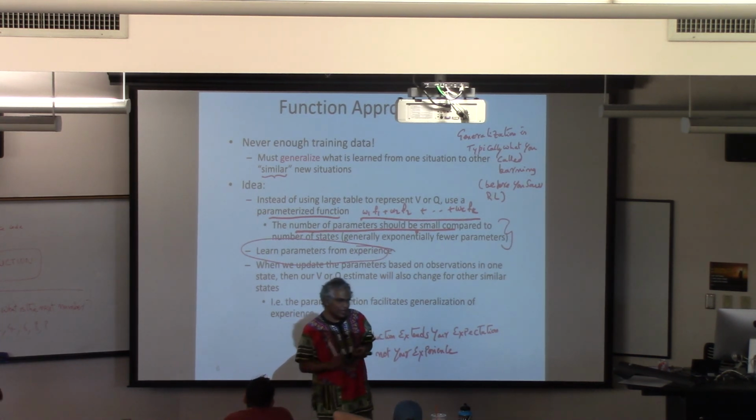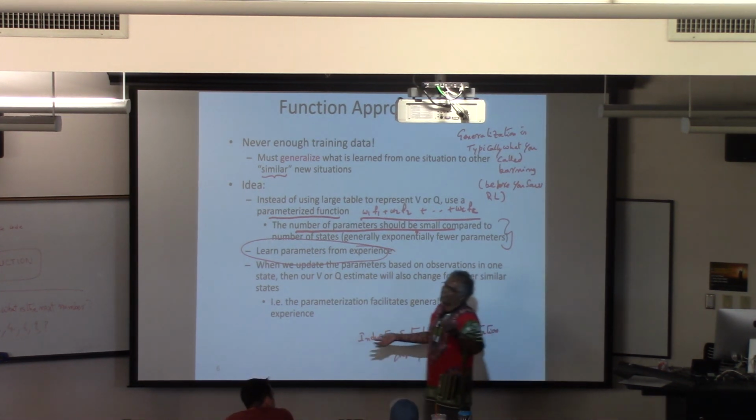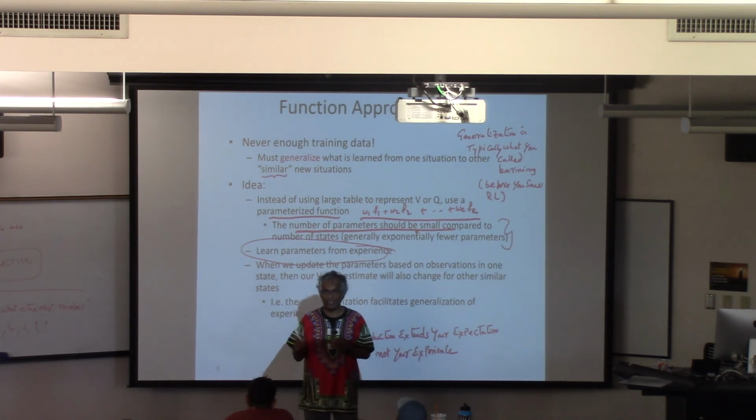So if you have 10,000 states, you are looking for a number of features that is maybe 100, hopefully. Not 10,000 features for 10,000 states. Because if you have 10,000 features and 10,000 states, that's almost like allowing each state to be completely different from the other.